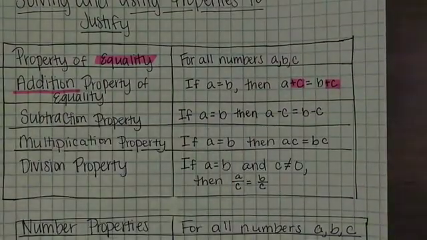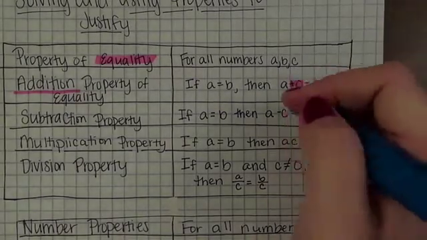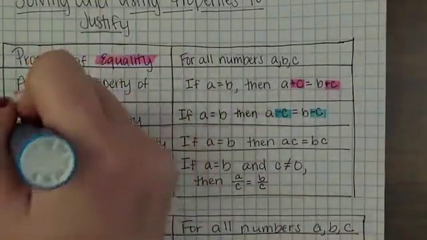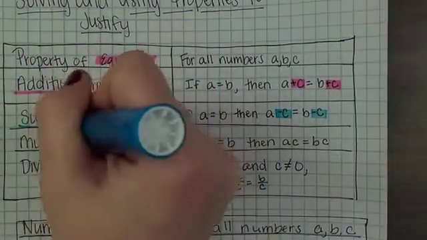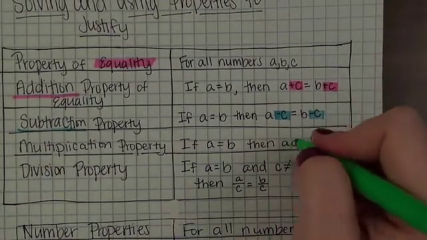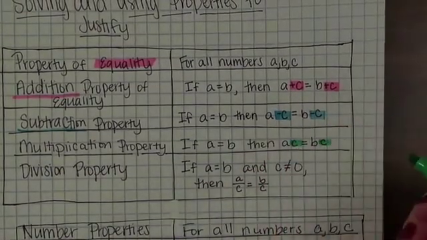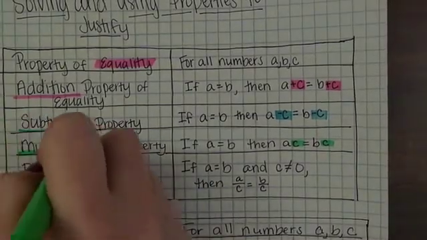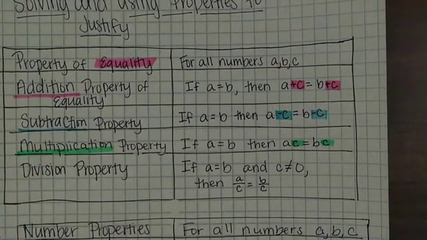Okay, this next one, subtraction. So what do you think you're going to do? You're going to be subtracting from both sides of the equation. Then we have multiplication. Notice they multiplied both sides by C, so that's why it's called the multiplication property.